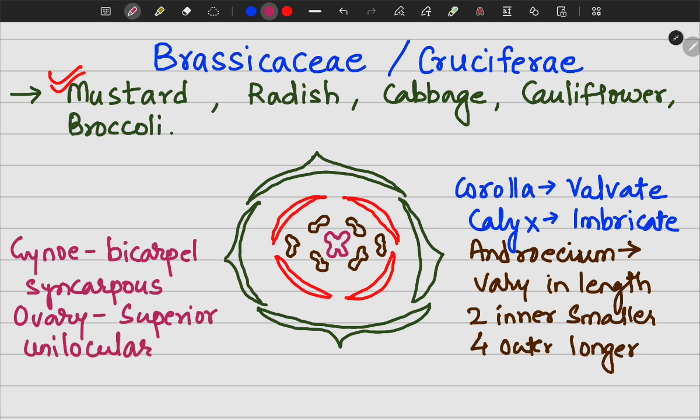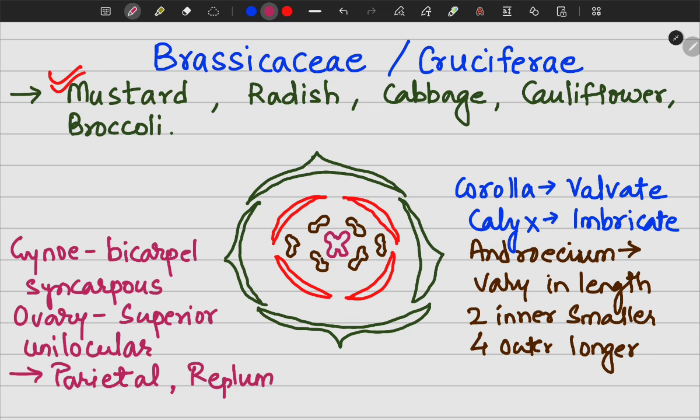Unilocular means there is only one cavity. Although the ovary is unilocular, a false septum or replum is present, if you remember. In parietal placentation, we studied that the ovules are borne on the periphery of the walls of the ovary, and usually a false septum or replum develops.